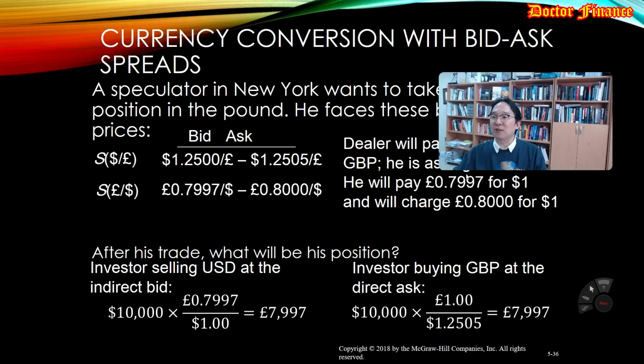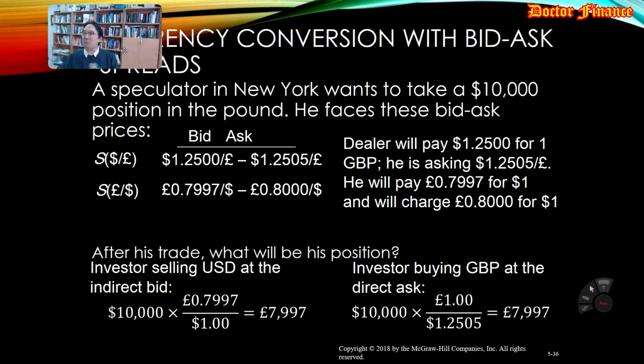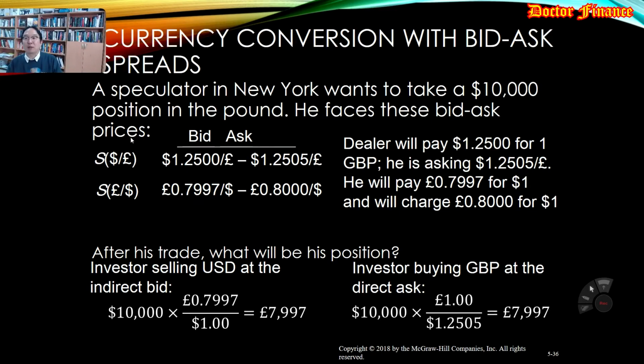Now, currency conversion with bid-ask spread. A speculator in New York wants to take a $10,000 position in the pound. He faces these bid-ask prices, the spot rate of dollar per pound and the spot rate of pound per dollar, right? $1.25 per pound is the bid price, and the ask price is $1.2505 per pound.